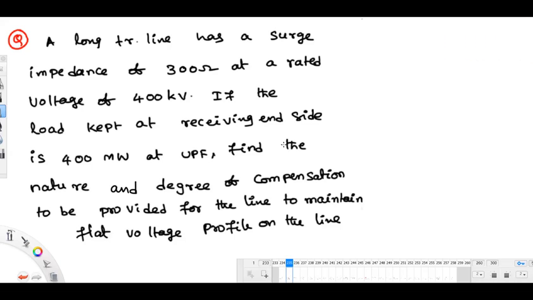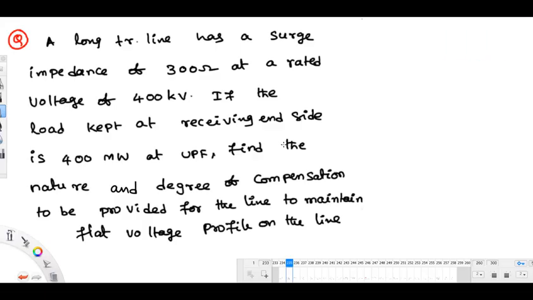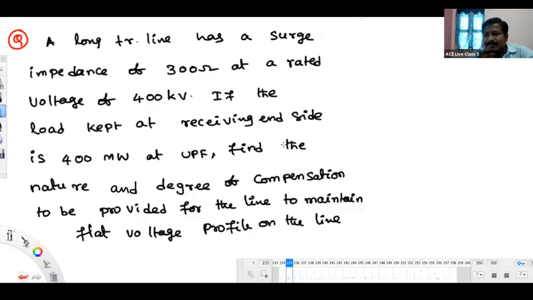Sir, why, for medium transmission lines, are we more concentrated on voltage drop? See, it is to reduce the compensation, I said already. Providing compensation on medium transmission lines is not economical, strictly speaking, because how many medium lines do we have?